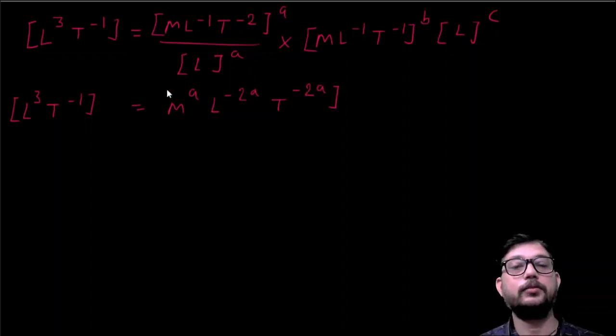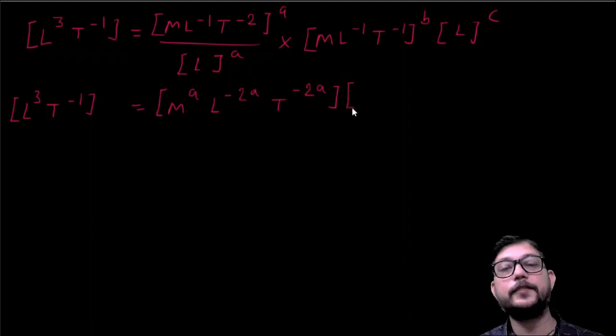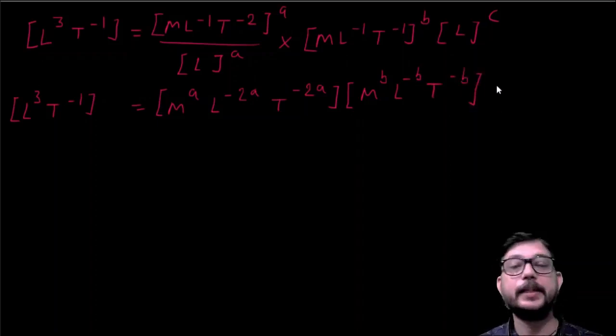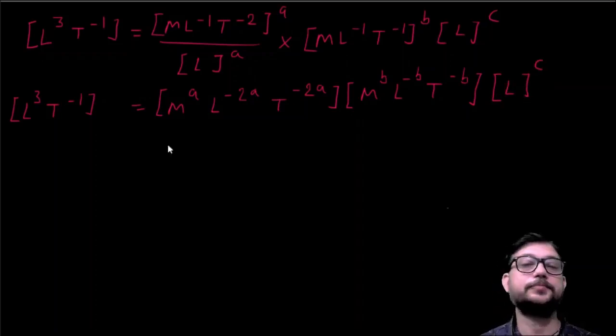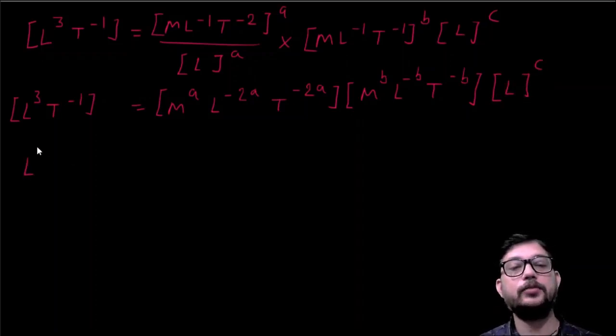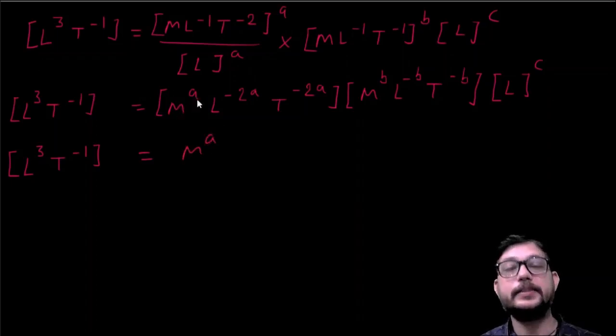This is in the first bracket. Here you can write M to the power B, L to the power minus B, T to the power minus B. This will be in the second bracket, and in the third bracket L to the power C. So it will be L to the power 3, T to the power minus 1, and this will be M to the power A. As you can see, this is M to the power A, this is M to the power B, so it will be A plus B.